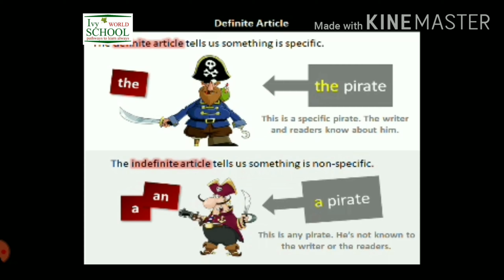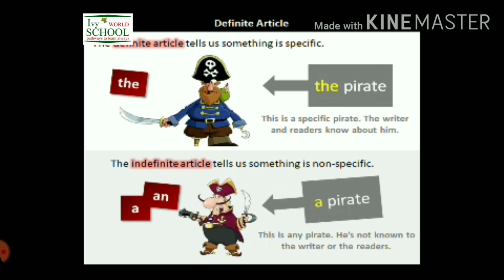Maybe he's unique in his physical features, isn't it? Have a look at the shoe or the leg of the pirate. So this pirate is something specific. That's why in the first picture, we have used the definite article. And the second one is very general. A pirate.